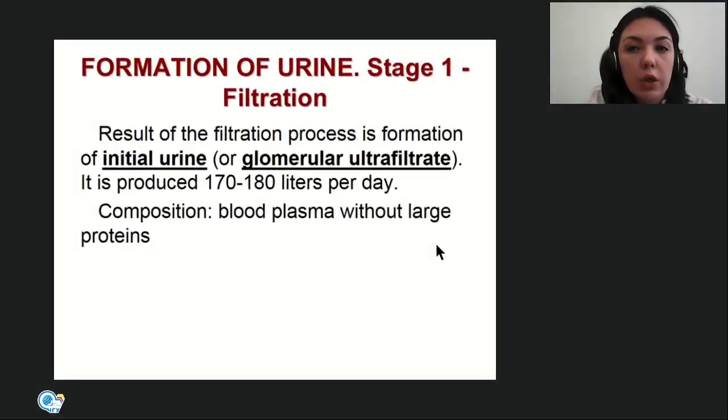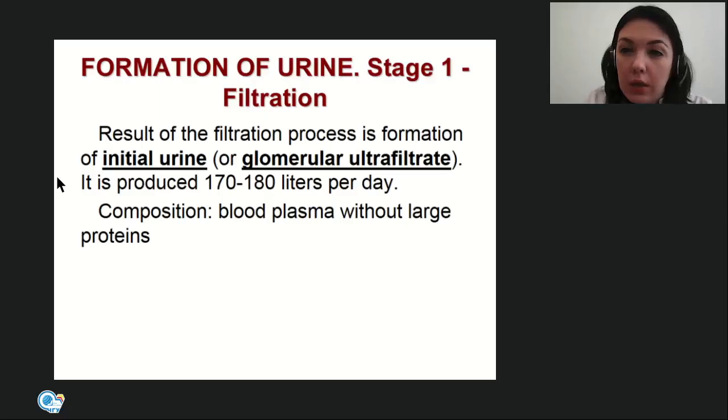It is filtration, and the result of the filtration process is the formation of initial or primary urine, also called glomerular ultrafiltrate. It is produced in the amount of 170-180 liters per day. So its composition is blood plasma without large proteins.